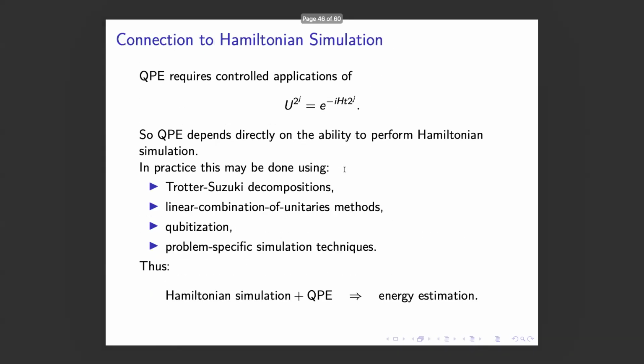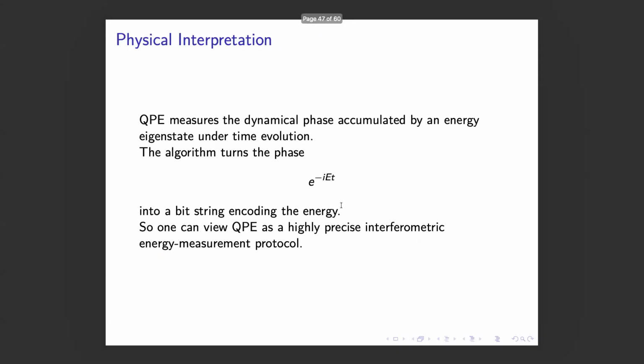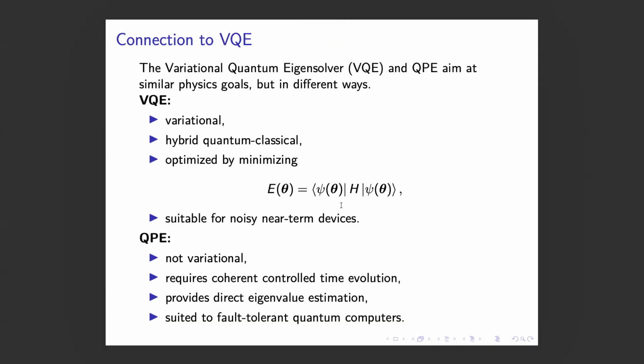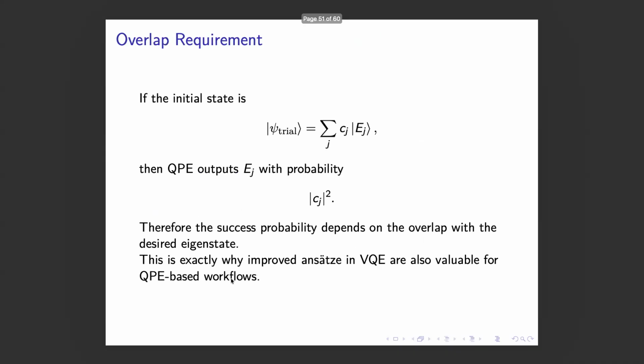In the QPE, what you're doing is acting with this operator on H, and you have to trotterize to write out the exponential of the Hamiltonian. But then the QPE can be used to refine the energy estimate to high precision. So you can think of the VQE as a way to prepare the initial state, which is then taken over by the QPE. So this is another path for the second project.